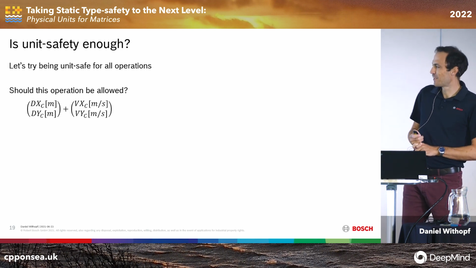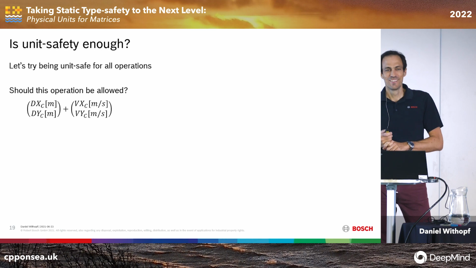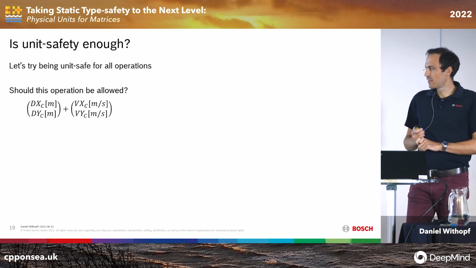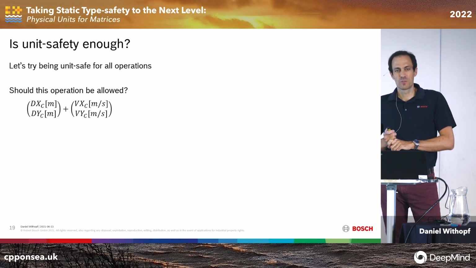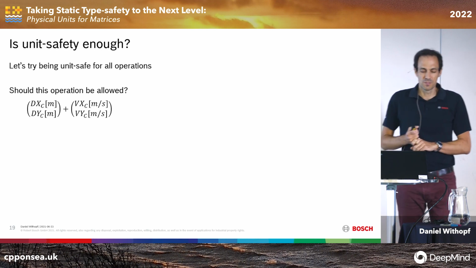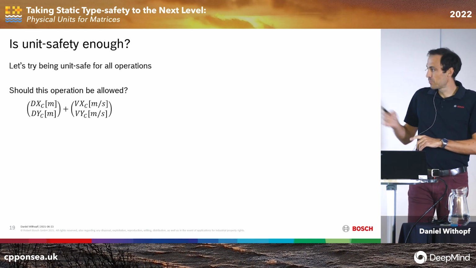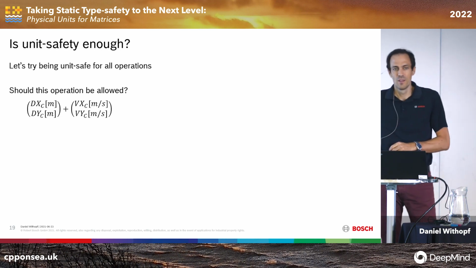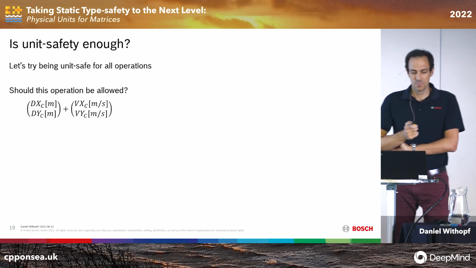Can you elaborate why? We'll come to that later, it has to do a little bit with displacement vectors, but here the physical units are not identical: we're trying to add meters to meters per second. So in this case, it's not possible. What would be possible, and your answer is pointing in the right direction, is if you multiply a duration in seconds with that velocity vector, then of course it would again be possible.